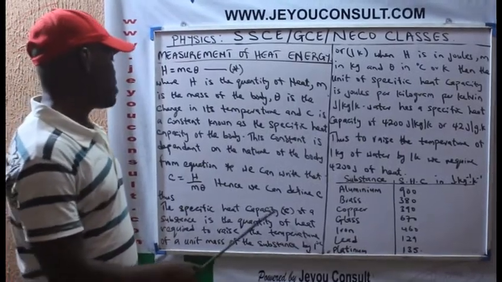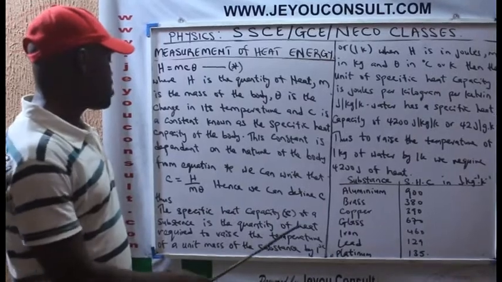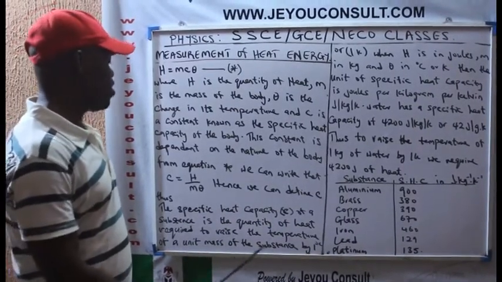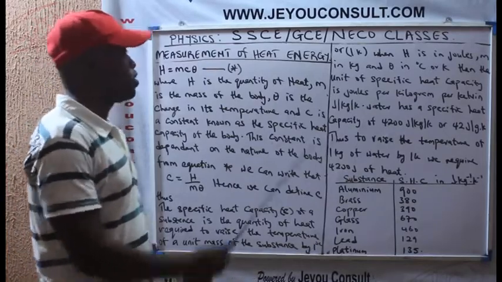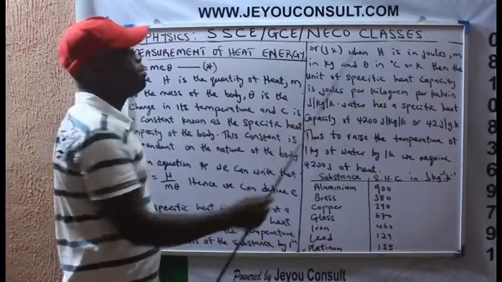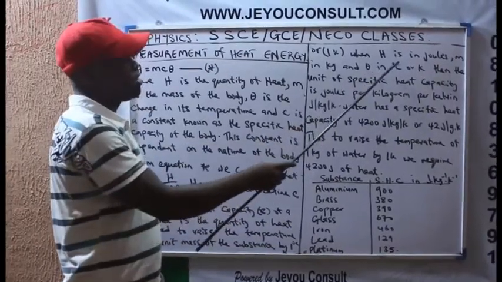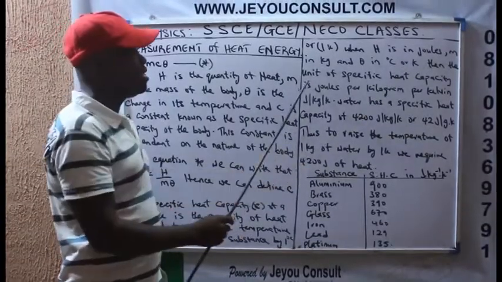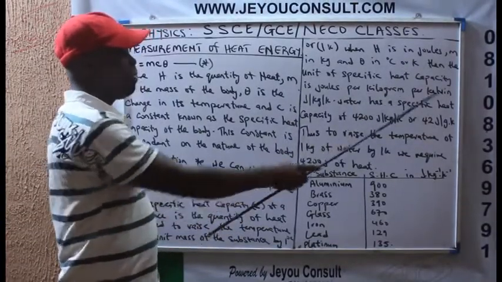Hence, we can define c, the specific heat capacity. The specific heat capacity c of a substance is the quantity of heat required to raise the temperature of a unit mass of the substance by 1 degree Celsius or 1 Kelvin. When H is in joules, m in kilogram, and theta in degrees Celsius or Kelvin, then the unit of specific heat capacity is joules per kilogram per Kelvin.